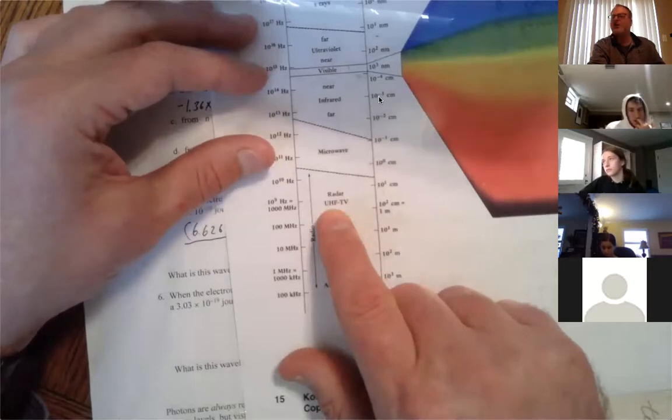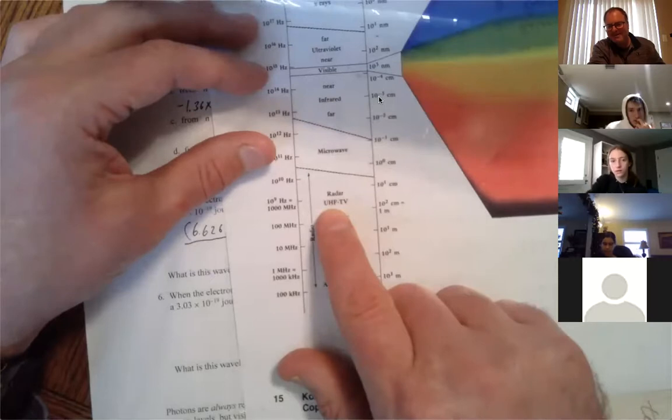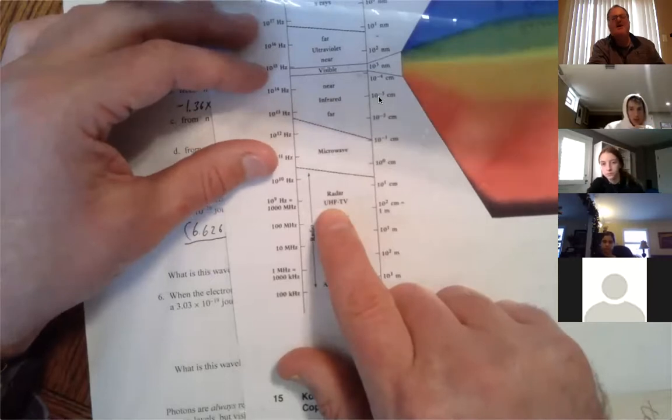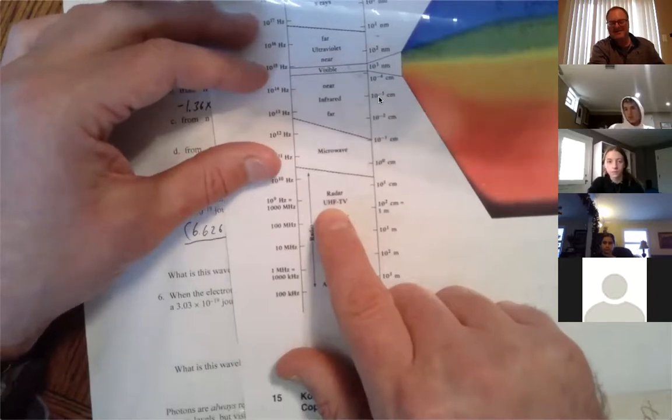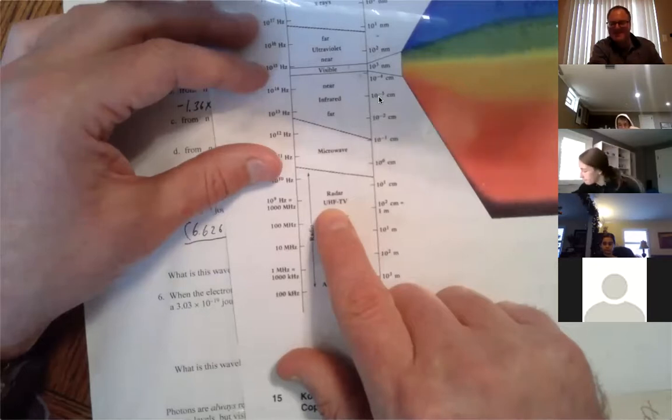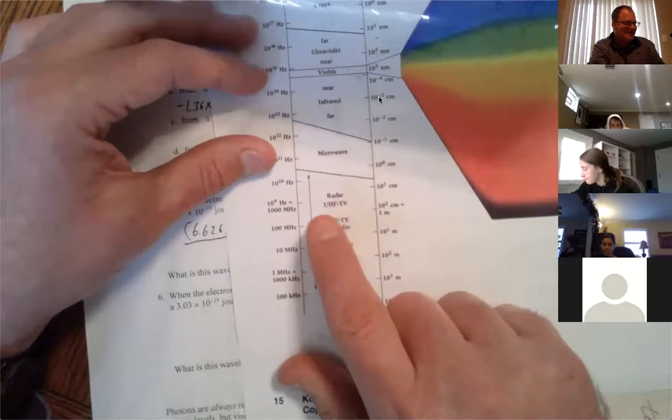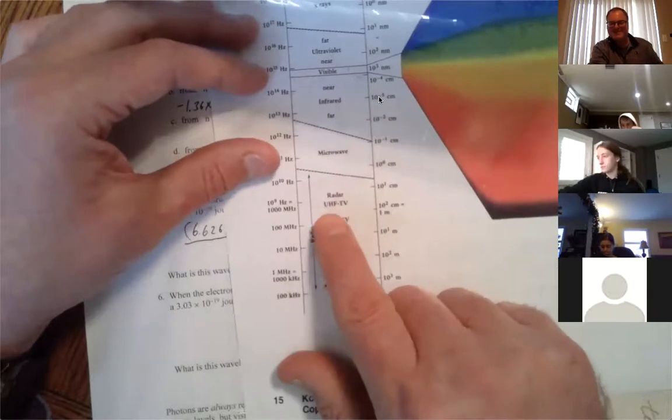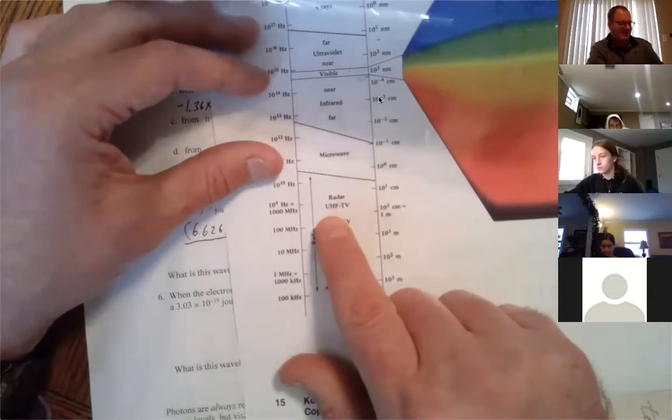What's better than very? Unbelievably high frequency? Ultra high frequency. Ultra high frequency is correct. Very nice. Who said that? Amari. Very good. Unbelievably high frequency would be amazing, but it is ultra high frequency.